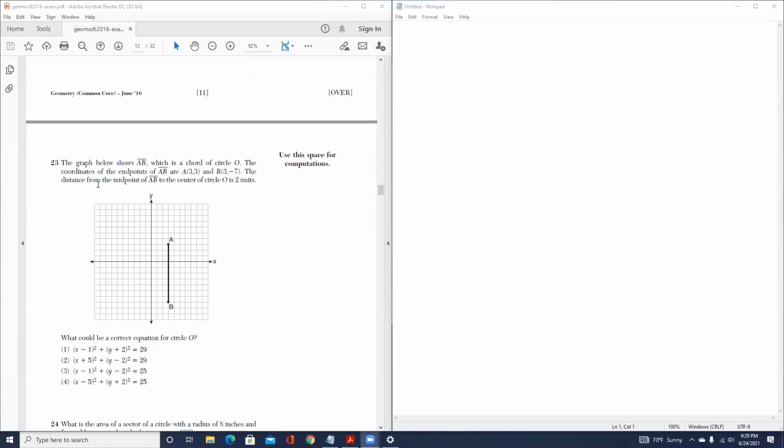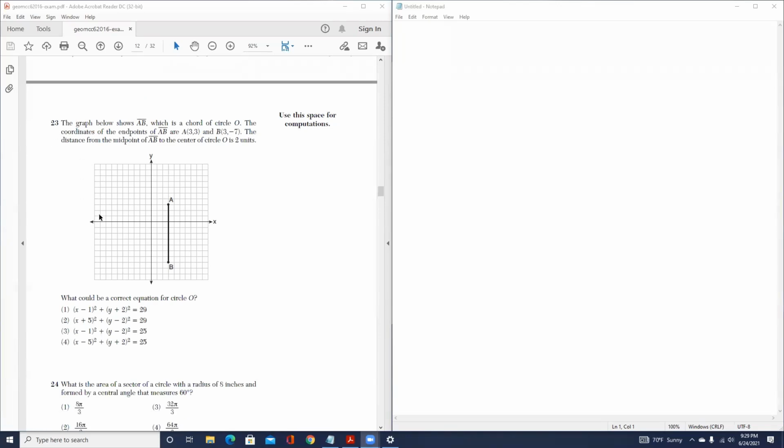Now, 23 is probably, in my opinion, the most difficult question in this entire exam, at least for the first part. Now, the key intuition, and I'll explain what you should be doing once I read the question. The graph below shows segment AB, which is a quarter circle O. The coordinates of the endpoints of segment AB are A at 3, 3, and B at 3, -7.